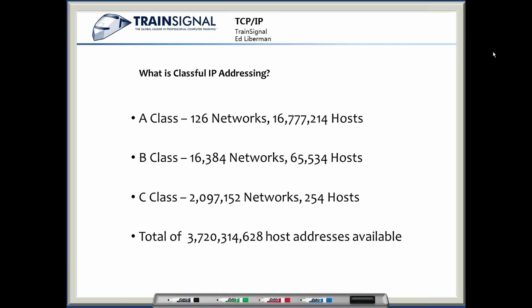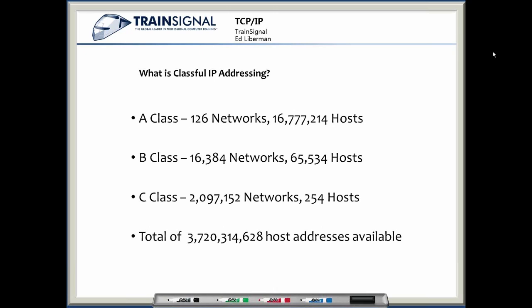Now, if you had a Class A IP range, how many of those were there? Well, there were 126, because the first octet was either 1 or 2 or 3, all the way up to 126. So there were 126 of them because that was the network ID, just that first number.